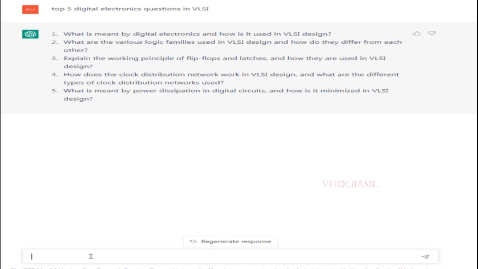Optimize circuit architecture. Architecture plays a significant role in power consumption. By choosing an efficient circuit architecture, the number of transistors can be minimized and the number of active devices reduced, thus reducing power consumption.